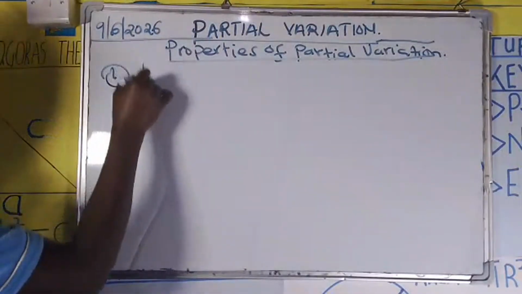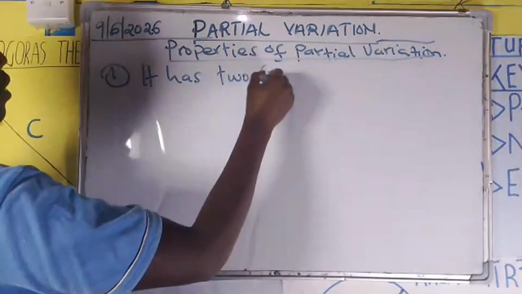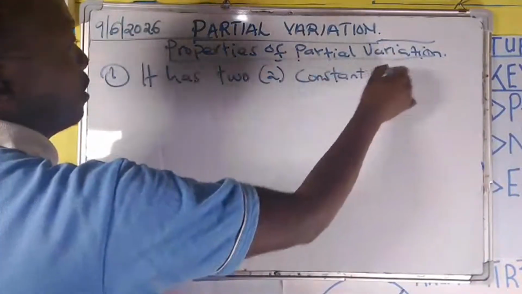Number one, it has two constants of proportionality.